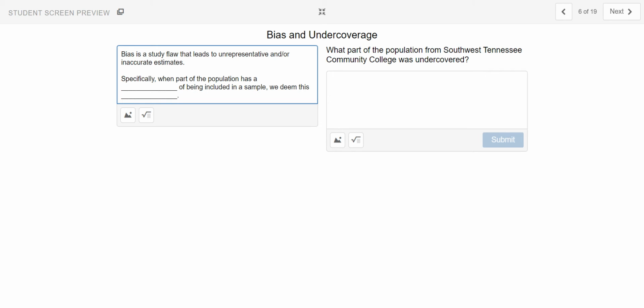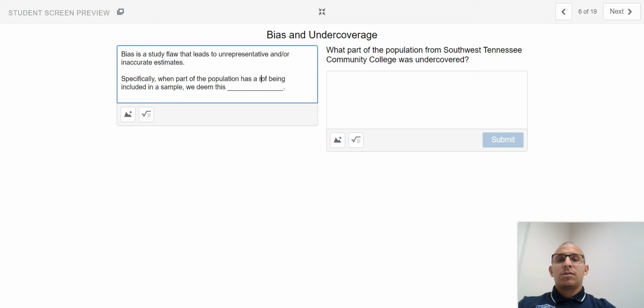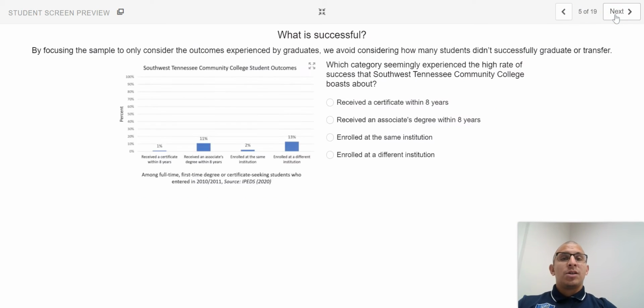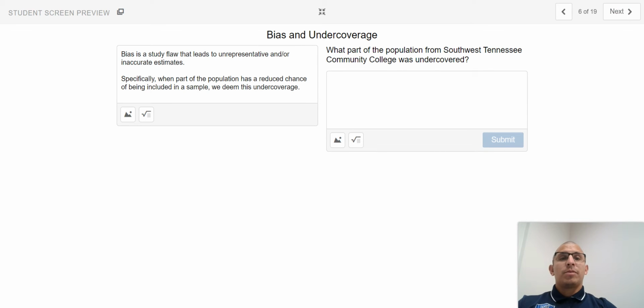Specifically, when part of the population has a reduced chance of being included in the sample, we deem this undercoverage. I'd like for you to identify, based on the previous situation, what part of the population from Southwest Tennessee Community College was undercovered.